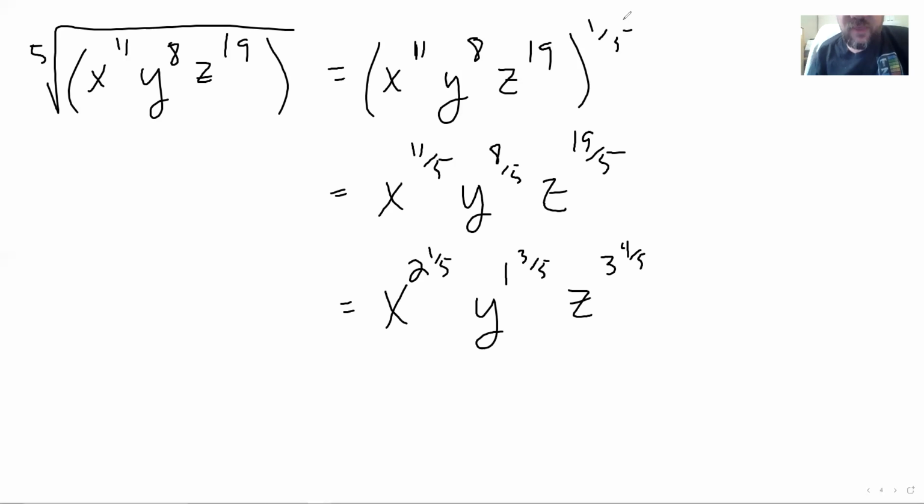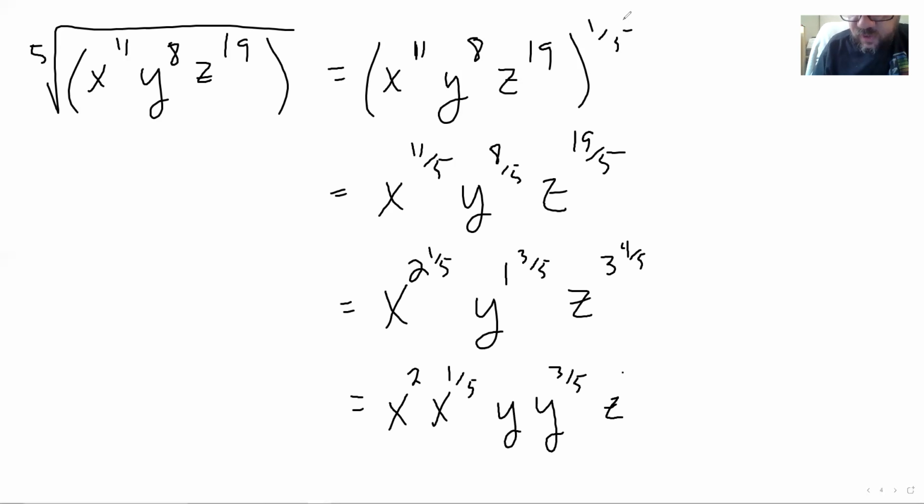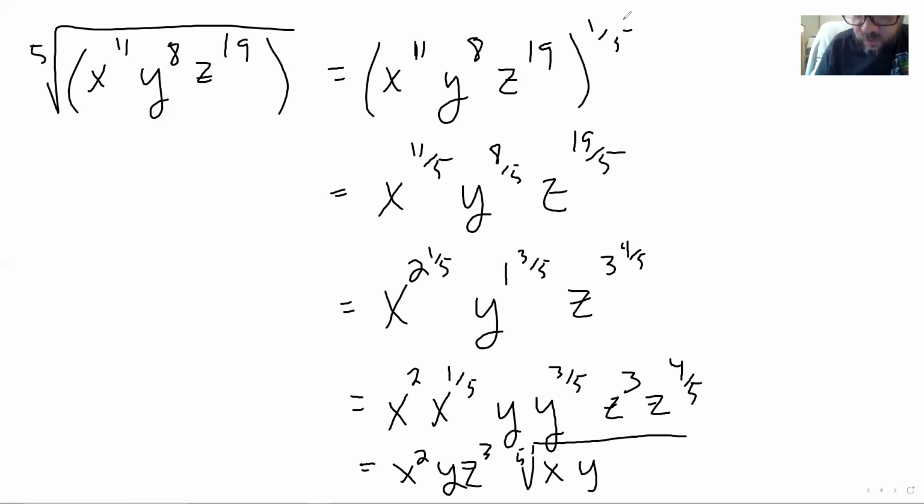It's because I'm thinking of them in this way. I'm thinking of this as x squared, x to the 1/5, y times y to the 3/5, z to the third, z to the 4/5, which is x squared, y, z to the third times the fifth root of x to the 1, y to the 3, z to the 4.